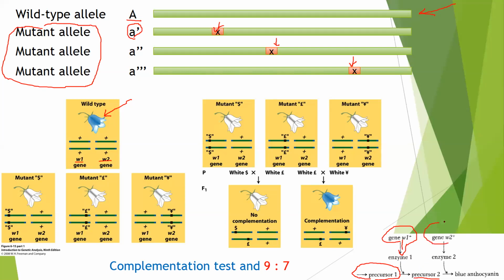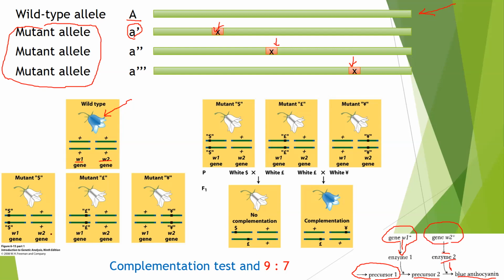Then the wild type gene 2, which is W2, will produce a functional enzyme 2, and this one can transform the colorless precursor 2 into the pigment, which will be deposited in the flower petal, and then we're going to see the wild type phenotype. So this is the biological pathway behind.